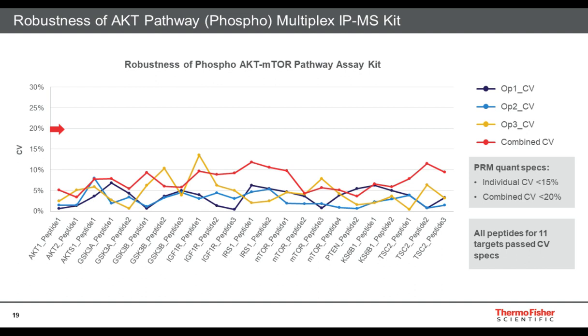If you look here, for each target peptide we were monitoring, we were able to meet the specs for the percent CV, and most of the target peptides we were able to monitor with less than 10% CV.